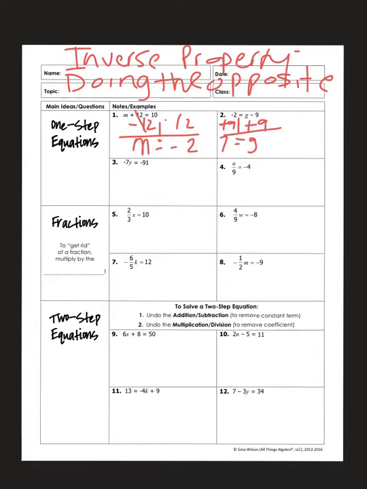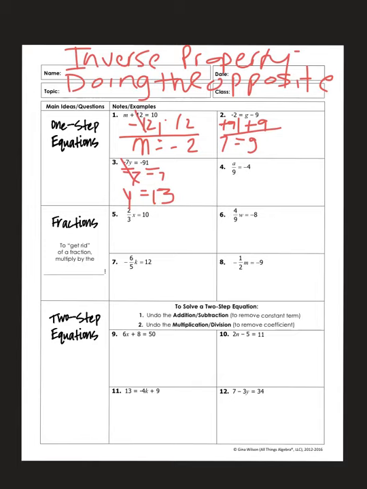Number 3, -7 is being multiplied by y. So in order to do the opposite, I'm going to divide. And if I do it to one side, I have to do it to the other. That side cancels out. And -91 divided by -7 is positive 13.